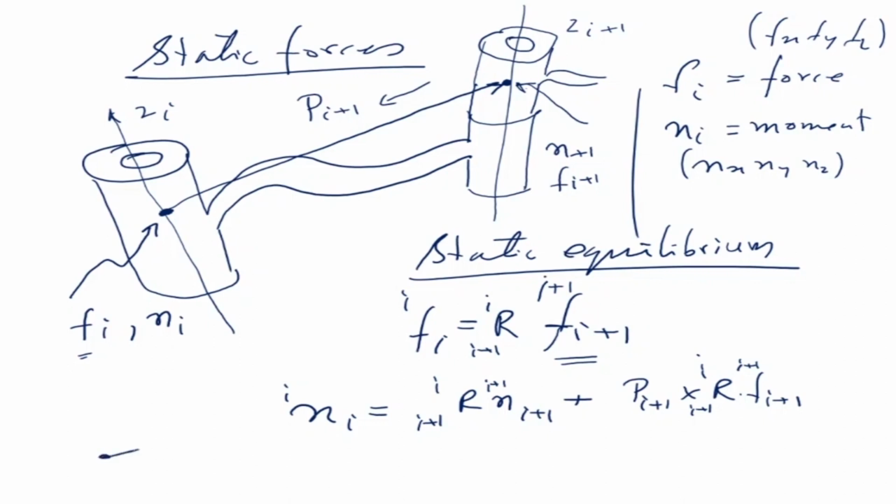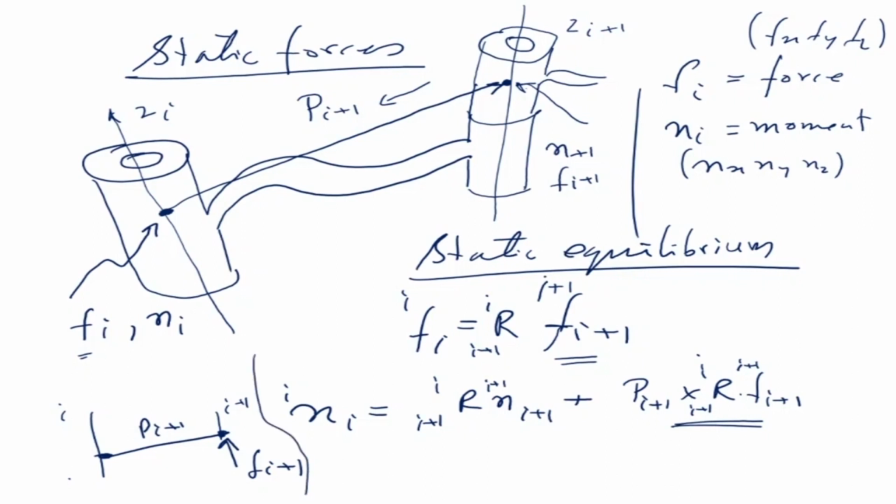So what I'm trying to explain is that if there is a force here, Fi plus 1, and there is a distance pi plus 1, then this will cause a moment about this point here now. So this is my ith axis, and that is my I plus 1th axis, which is shown there. So this Fi plus 1 will cause a moment about the ith axis, which is coming here. So pi cross r, because F is expressed in I plus 1th frame, so you have to multiply with the rotation matrix. This is what it is saying.